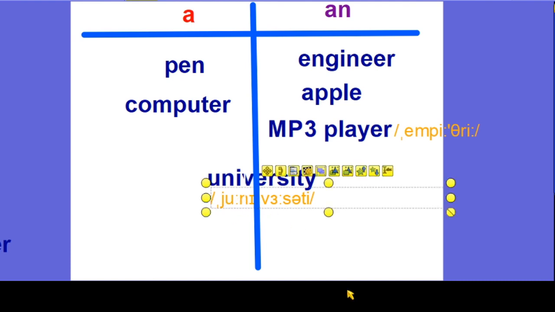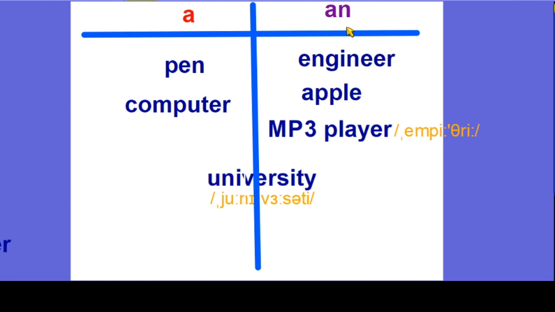This is the same sound we use when we say yes. What is the first sound? Y. And how do you represent this? Using this symbol here. Okay? Of course, if the first sound was U, of course you would say an university. But the first sound is not U, it's Y.